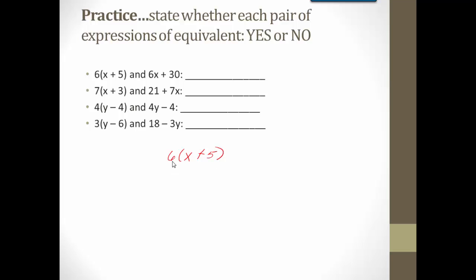We'll expand this out. 6 multiplied by x plus 6 multiplied by 5. Simplify it. 6x plus 30. Is it the same? Yes. Now you are to do the rest. Check with the substitute on page 240 for both answers.